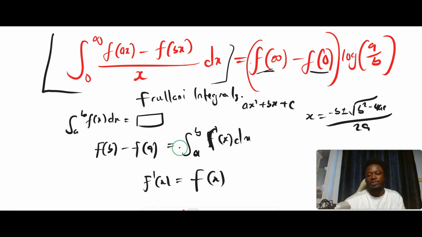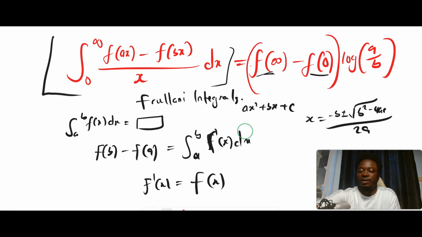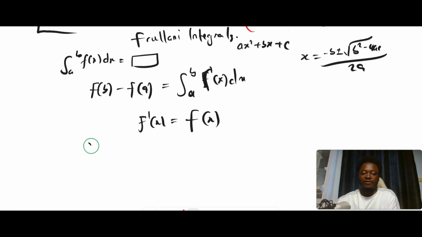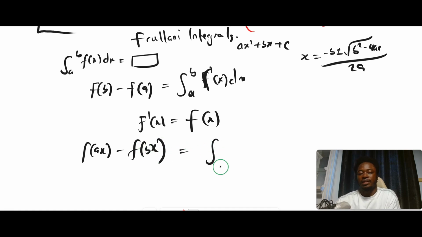So we're going to use this principle, and we're going to observe here that, in short, F of ax minus F of bx is equal to the integral from bx to ax of F prime of t dt.